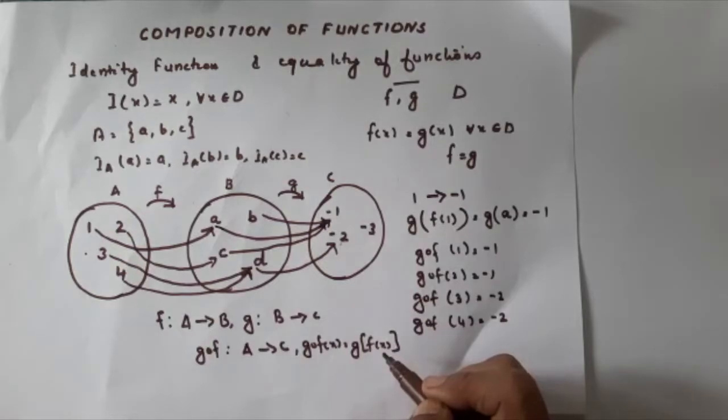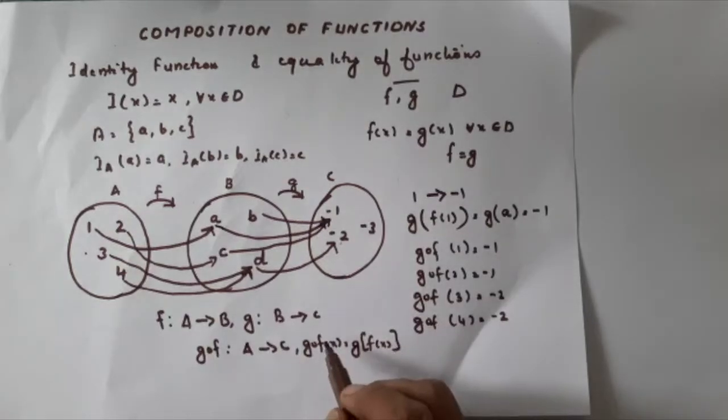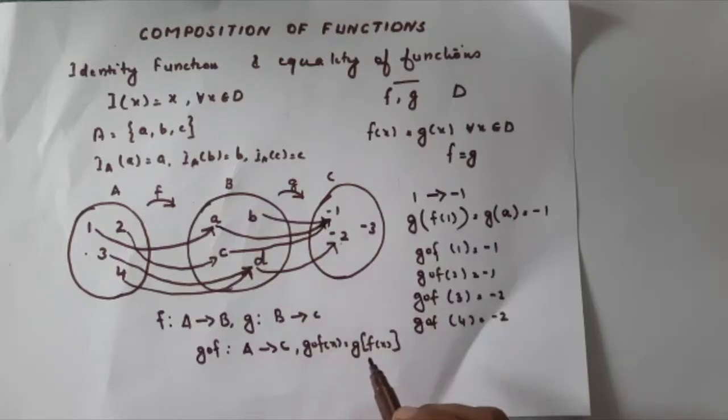That means the image of x in the domain by g dot f is the image by g of the image of x by f.